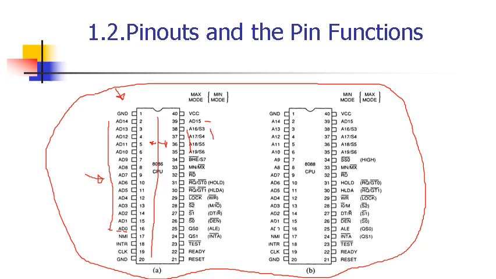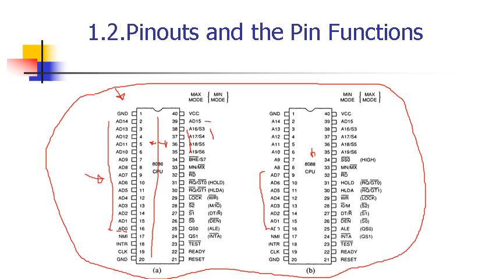If you go to the 8088, you would find only 8 bits are multiplexed between address and data from AD0 to AD7, because the data bus of the 8088 processor is composed of 8 bits. So we need to only multiplex 8 pins, AD0 through AD7. So this is one difference between 8086 and 8088.